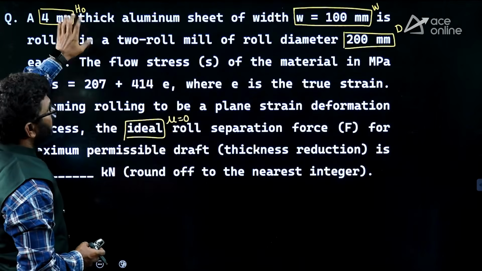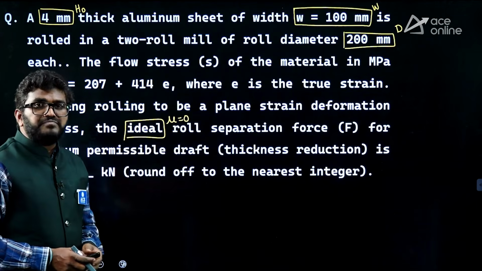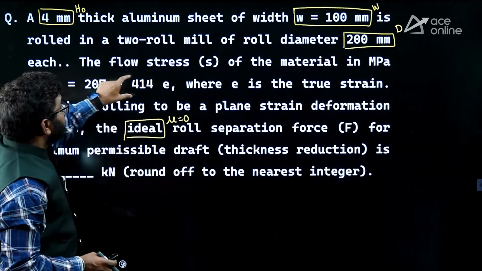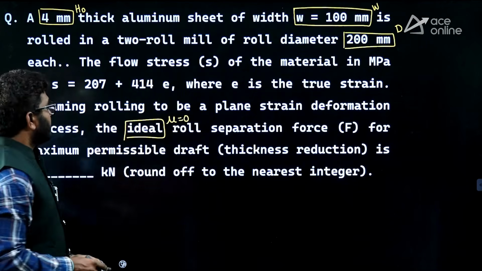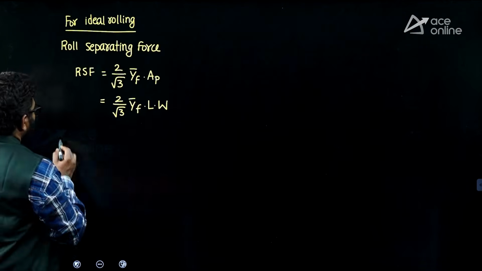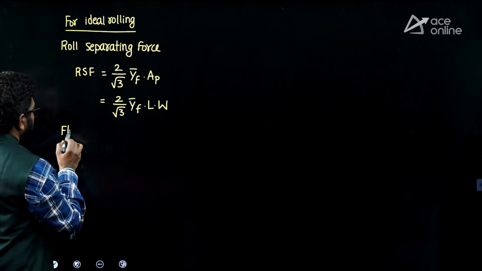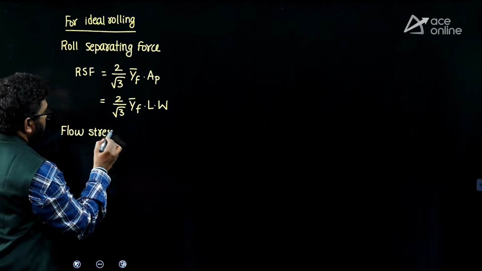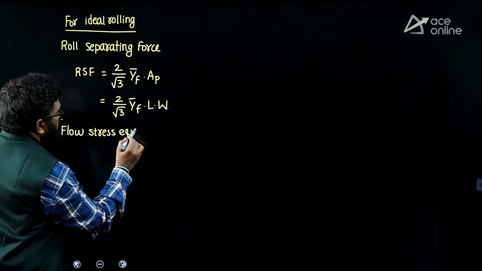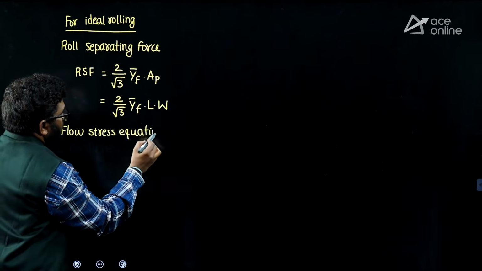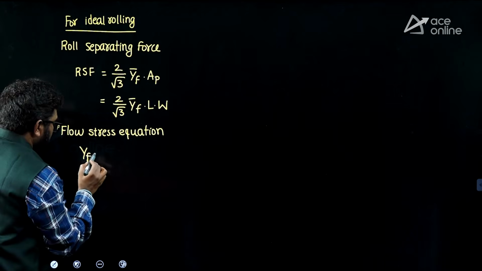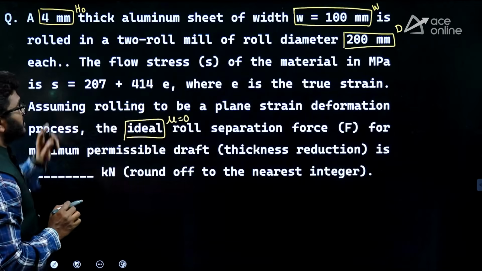initial thickness is given, final thickness is not given. In this question, the flow stress equation is given. Remember, the flow stress equation here is given. What is the flow stress equation? Remember, I am modifying the symbols. I'll take YF, but here S is given.